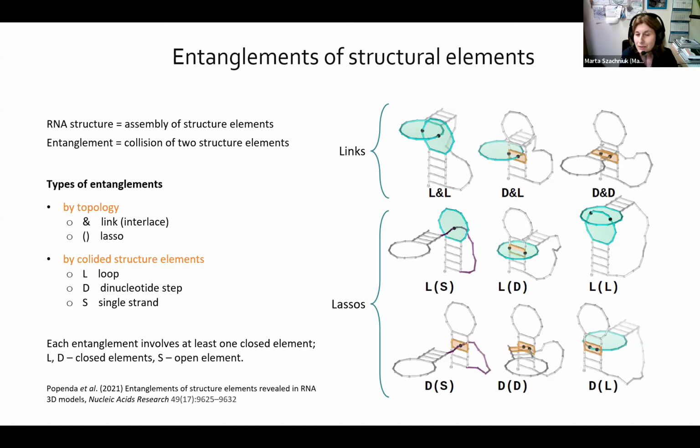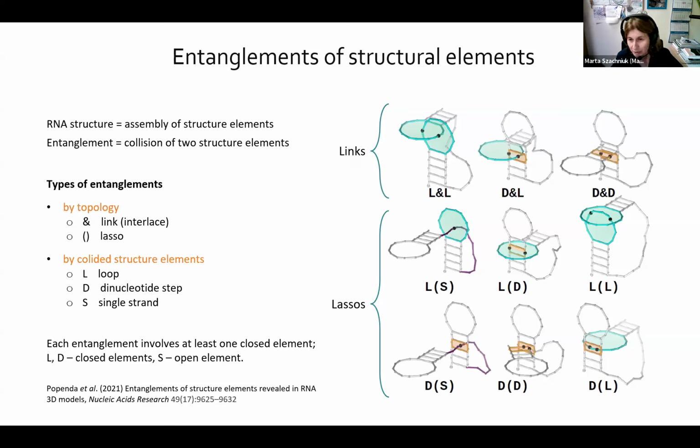And we decided to find out whether the elements we can distinguish in a structure can form entanglements and occur in a kind of collision in the 3D space. So what we did first was we defined theoretical types of entanglements of structural elements that we potentially could find in predicted RNA 3D structures.